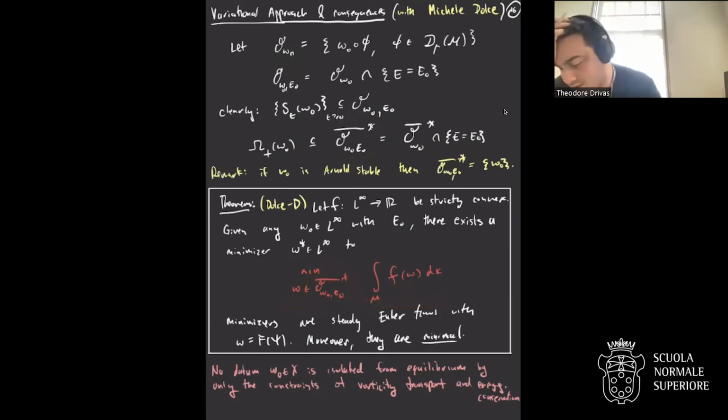And moreover, minimizers are steady Euler flows that are minimal in the sense of Schnirelmann. So this sort of connects Schnirelmann's theory to the original selective decay theory that uses the entropy, but also it imposes this additional constraint that you're not just minimizing over any vorticity, which is say L2 or L infinity, but rather you have only those that can be reached by weak limits of these volume preserving diffeomorphisms.